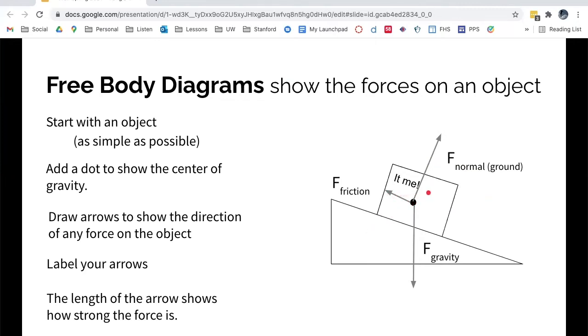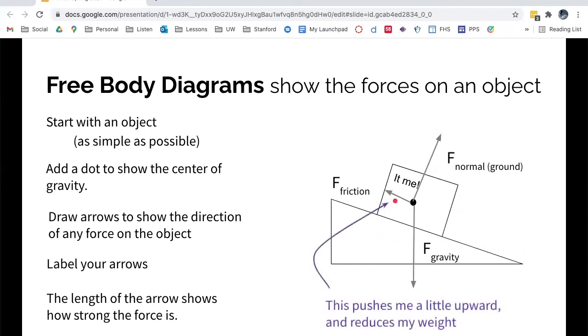I might want to be sliding down the ramp, but there's enough friction to keep me in place. So that up friction arrow is much smaller than the force of the ground, or the force of gravity, but it's going this other direction, holding me back up, preventing me from sliding down the ramp.